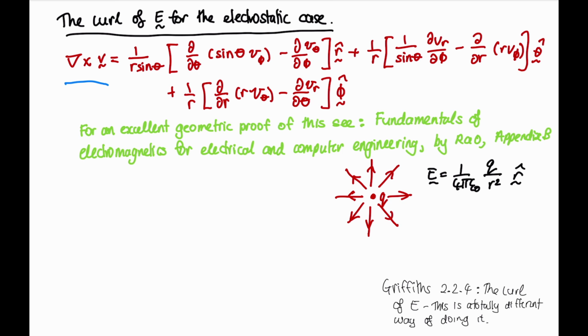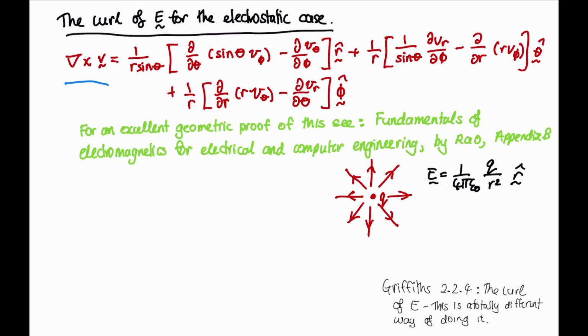To see where this comes from, there's a really excellent geometric proof of this in the book Fundamentals of Electromagnetics for Electrical and Computer Engineering by Rao, and that appears in Appendix B. So it's quite a long derivation, so we'll take it to be true. But if you're interested in seeing really clearly where that comes from, have a look at that proof.